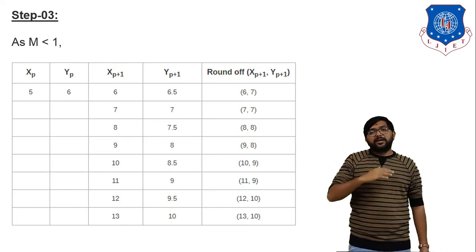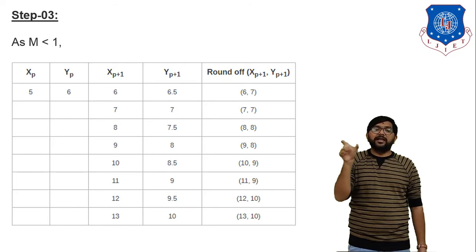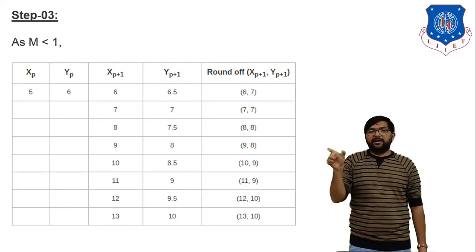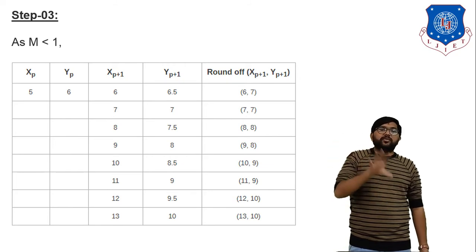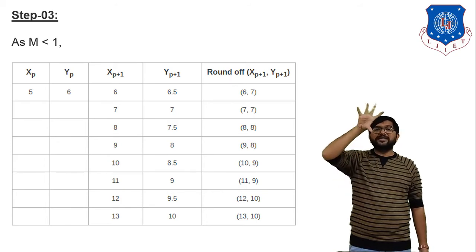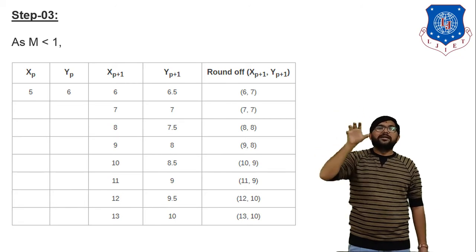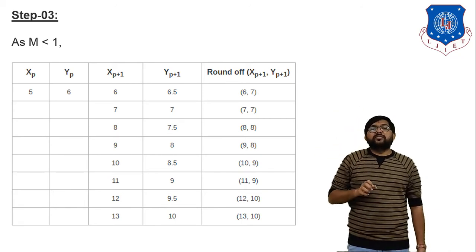Finally, when you give increment up to the 8th step, you reach the endpoint of the line, that is 13, 10. After that you need to plot all these coordinates in one single graph and join all the points. So this is the solution of this numerical.